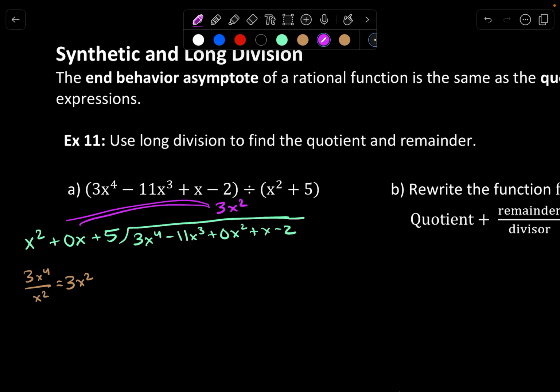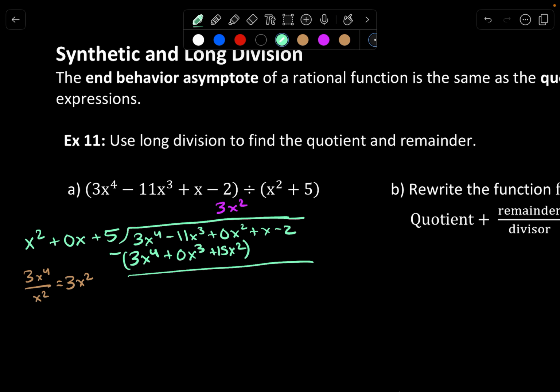From here, we multiply this term with every single term in the divisor. So 3x squared times x squared gives 3x to the fourth, as it should, because they have to cancel out. Then plus 0x cubed, and plus 15x squared. And we will be subtracting these.